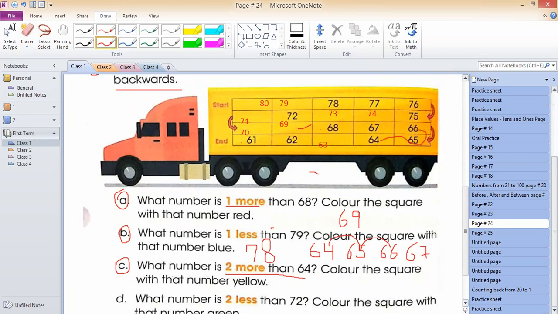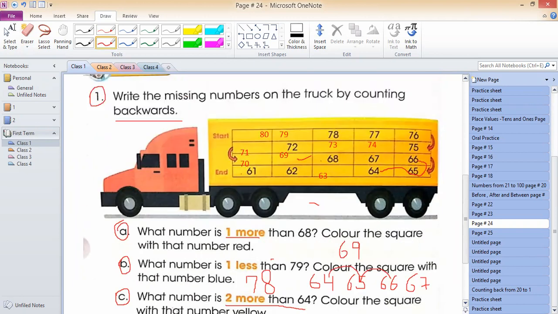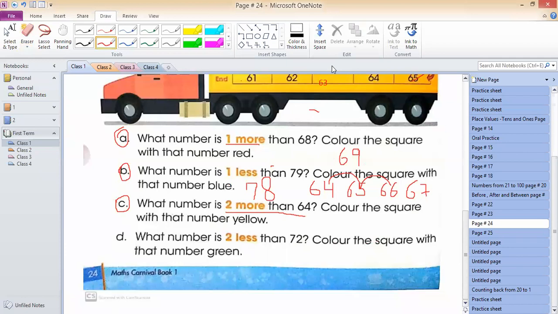You will not just check the next number. You will count 2 after 64. If the question asks what is 3 more than 64, then you will count 3 after 64: 1, 2, and 3. So 3 more than 64 is 67. Is it clear, guys?